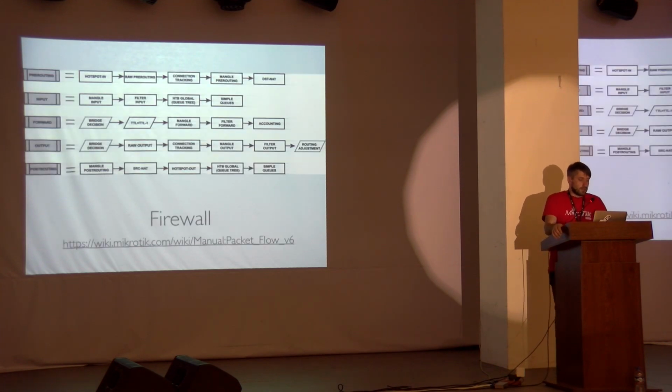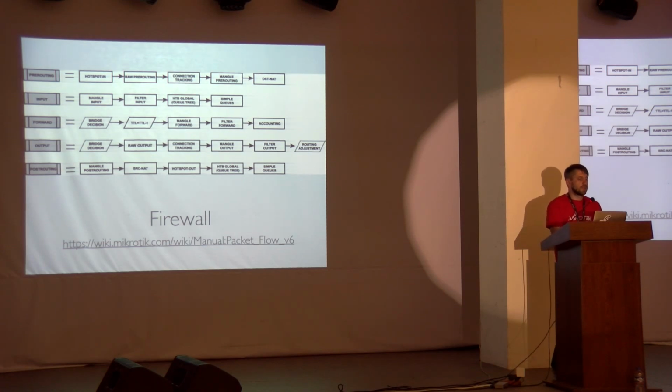This is not a firewall, but a packet flow table. In short, it is the way how packets go through a MikroTik router. This table explains where you need to look and how you need to look at the packets when something is not working properly, or when you apply some filtering and something is not working properly.